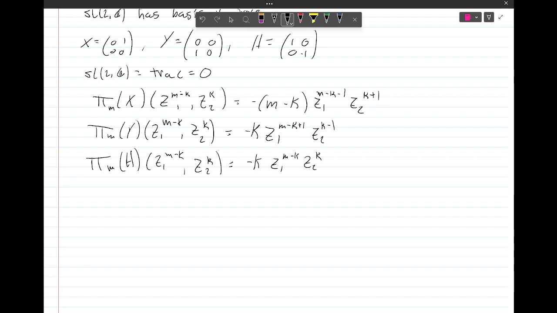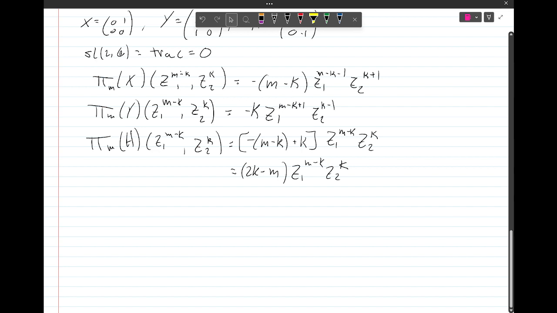So I think it should actually be negative m plus k, actually minus k, it's k, plus k, and then all of this times z1^(m-k) times z2^k. And that, of course, simplifies to 2k minus m, times z1^(m-k) z2^k. Okay, good.